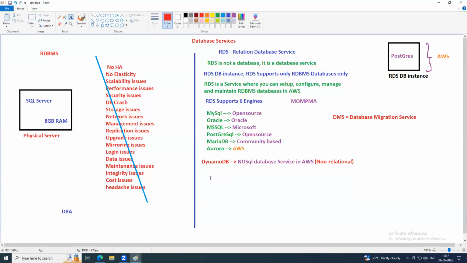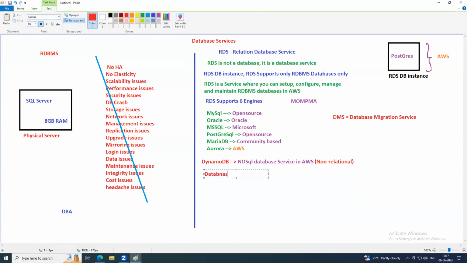Okay, Chitty, do you remember we initially discussed what a database is? A database is used to store the data, correct? Did I tell you that a database is used to store huge data? No. A database is used to store the data.